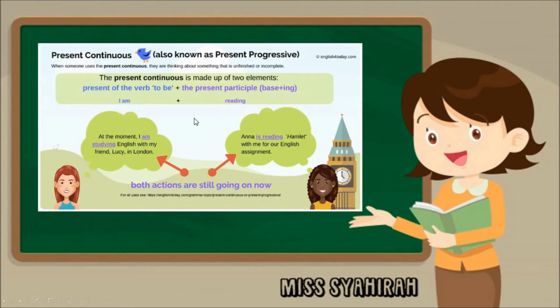So, I am reading, she is reading, they are reading. At the moment, I am studying English with my friend. So, both actions are still going on. Anna is reading. So, it is going on at the moment. That's how we use present continuous.